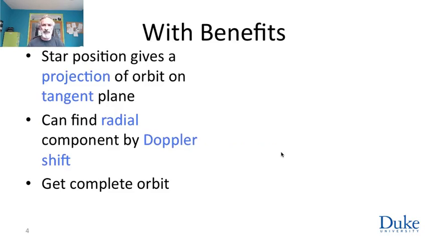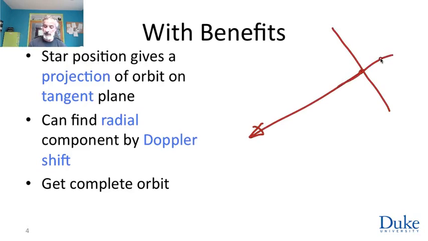Why do we like binary stars? We like binary stars because when we have a visual binary and we can measure the positions, we can actually predict, just as we did, a projection of the orbit on the tangent plane. Remember, the tangent plane is the plane perpendicular to our line of sight. If we can augment this with measurements of the radial velocity from Doppler shift, we can figure out both the motion in the tangent plane and the radial direction. Remember, if this is us and here is the star, this is the tangent plane, this is the radial direction.